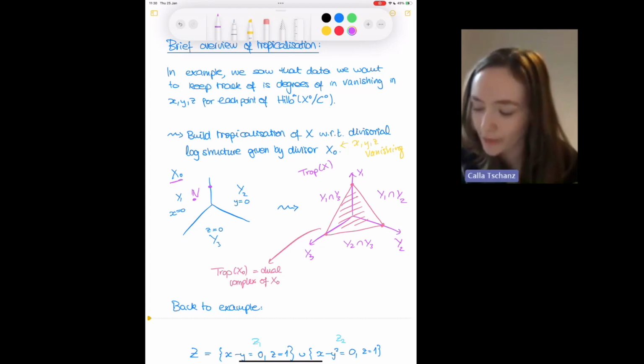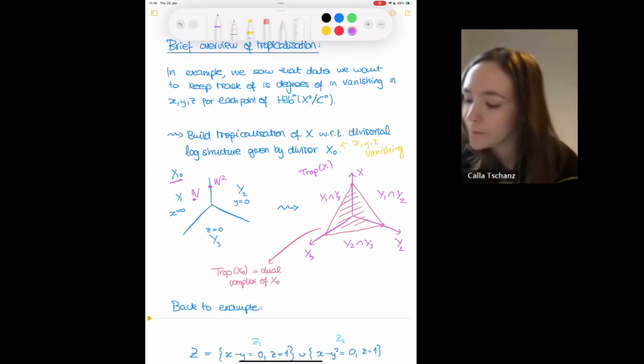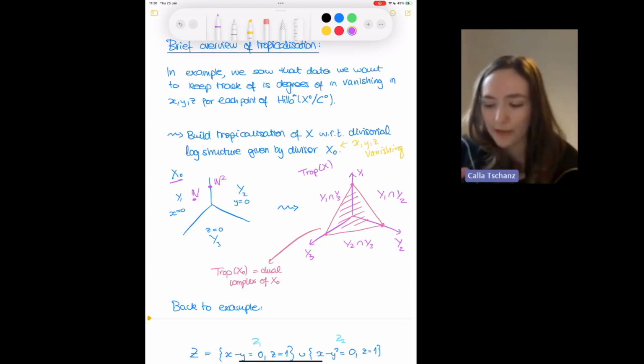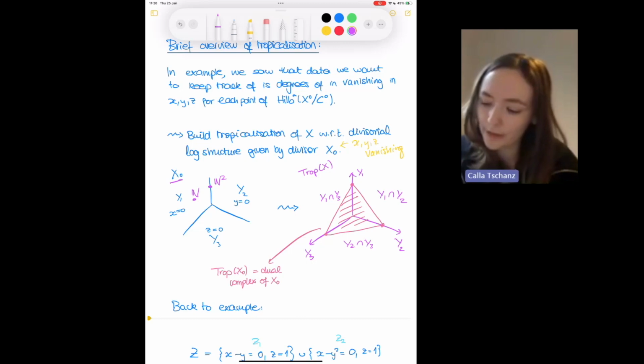Similarly, in this intersection locus where X and Y both vanish, I attach two copies of the natural numbers. You should think of these natural numbers as being exactly the degrees of vanishing in X, then in X and in Y, because we have these two variables, it's two-dimensional.